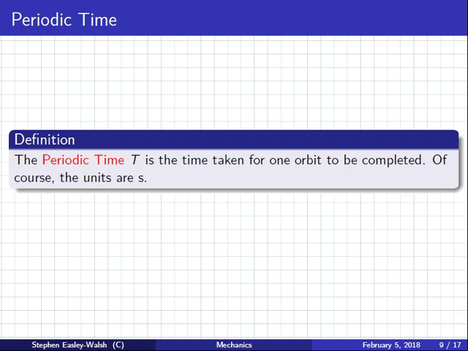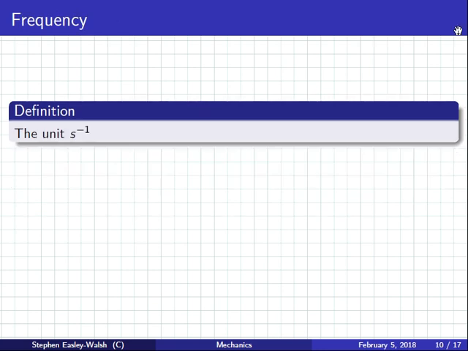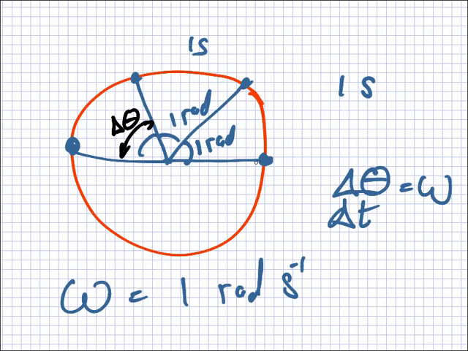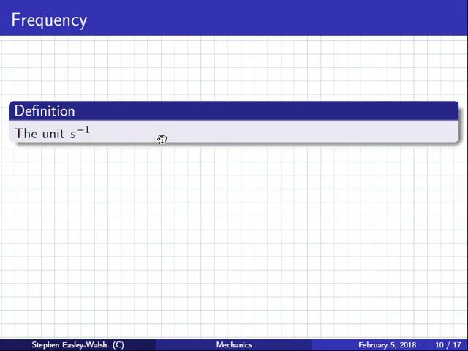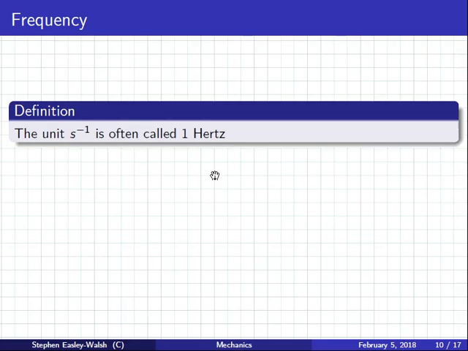So for example, if T is 2, then it takes 2 seconds to complete an orbit. Now the unit per second is a special unit, so it is given a special name. It's called the hertz. So 1 per second is called 1 hertz. 1 hertz equals 1 per second.